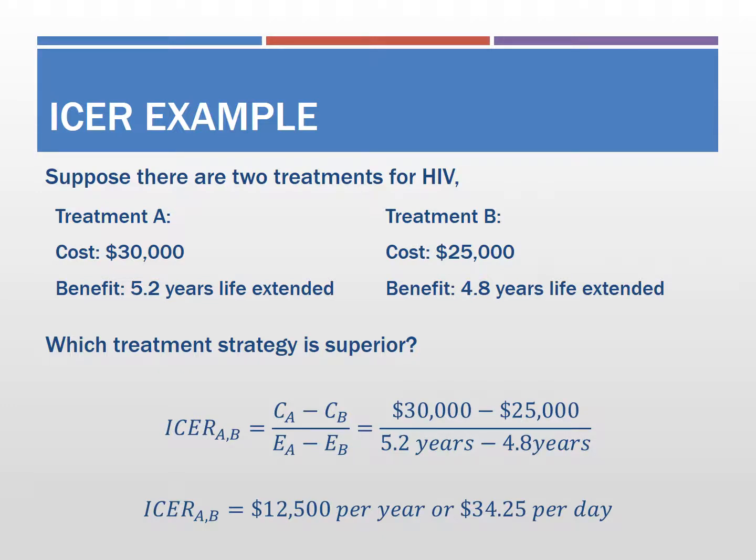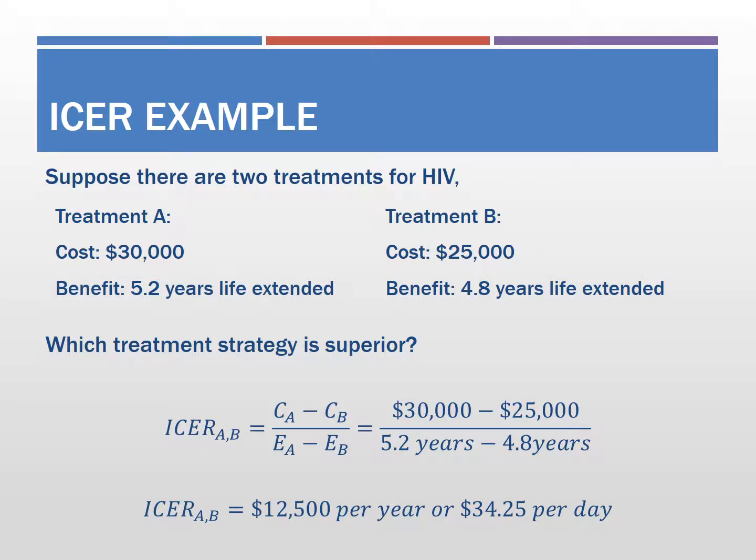So let's identify the ICER for treatment A and treatment B. We apply the formula to calculate the ratio: $30,000 minus the cost of treatment B, $25,000, divided by the benefits of treatment A, 5.2 years extension of life, minus the benefits for treatment B, 4.8 years extension of life.